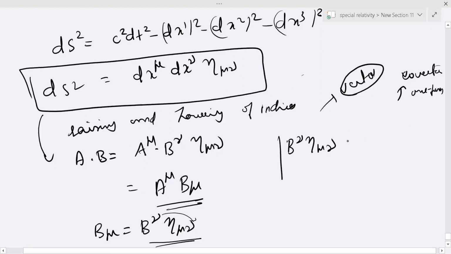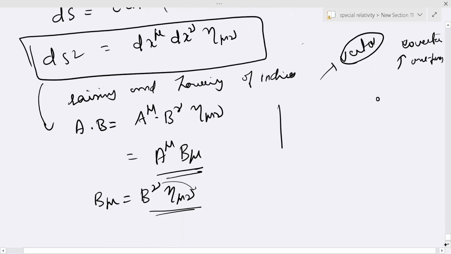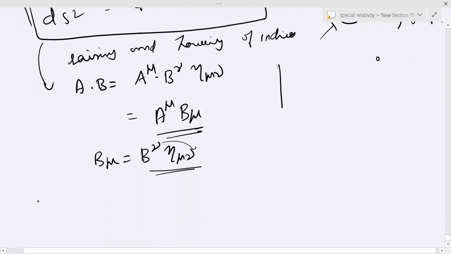What is this? We know that this is equal to B^0 η_μ0 plus B^1 η_μ1, you are summing over ν. Sorry, there's not enough place here. Let me write it here.